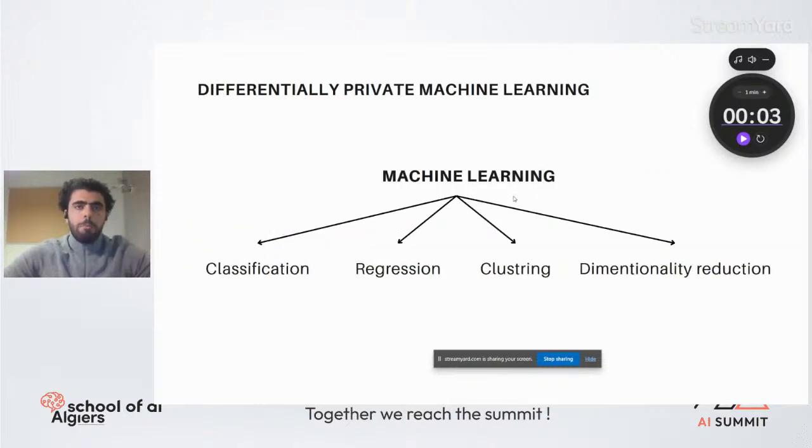So after that, we got some understanding of what differential privacy is. Let's go to machine learning and then come back to the relationship between differential privacy and machine learning. Machine learning is a family of algorithms that learn to perform a certain task.